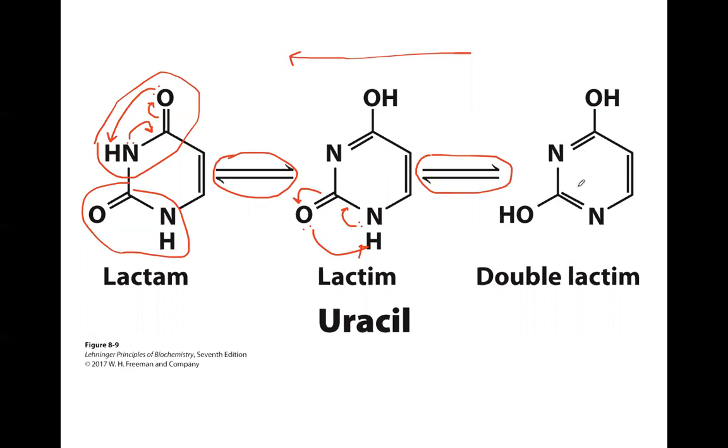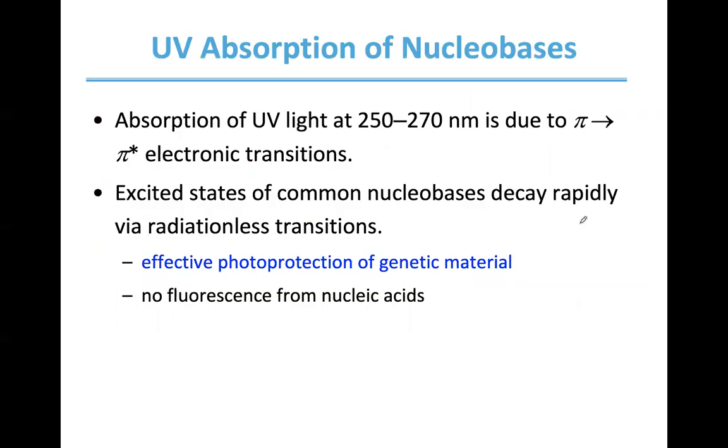Because of the aromatic character, all nitrogenous bases are capable of aromatic systems. They will absorb light in the UV region, around 250 to 270 nanometers, due to pi to pi star electronic transitions. So all aromatic structures absorb light, UV light in particular.